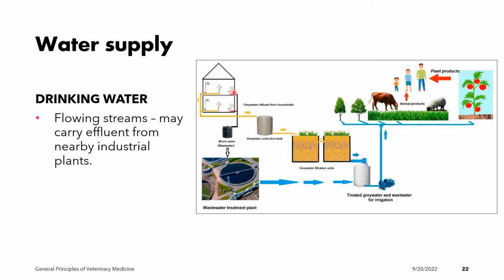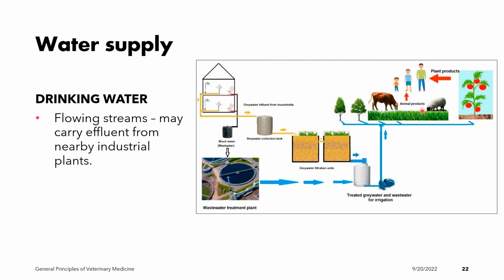So in this particular figure, we have the gray water from the household, and we also have the wastewater treatment plant. It will undergo treatment in the wastewater treatment plant, and the products from this plant will be treated again for the purpose of irrigation of the crops.